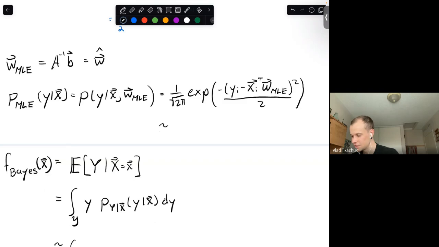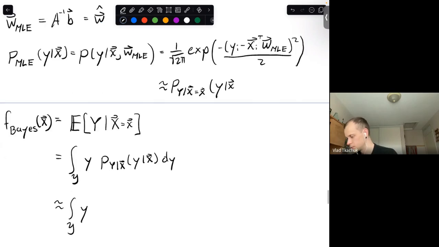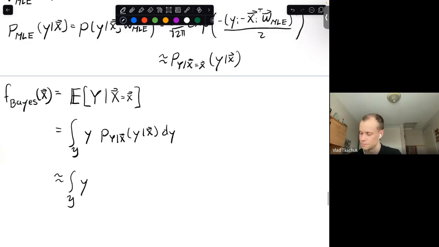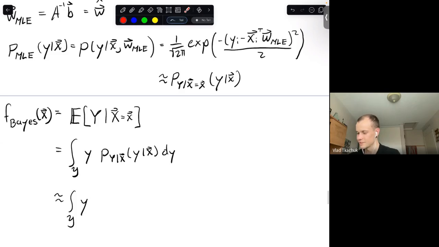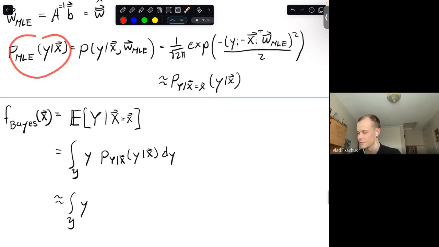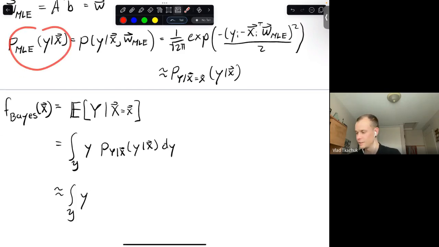And the claim is that this thing is approximately equal to the true conditional distribution of y given x for the corresponding little x value. Okay, so that's the story. That's what we're going to plug in. So let us go ahead and do that.